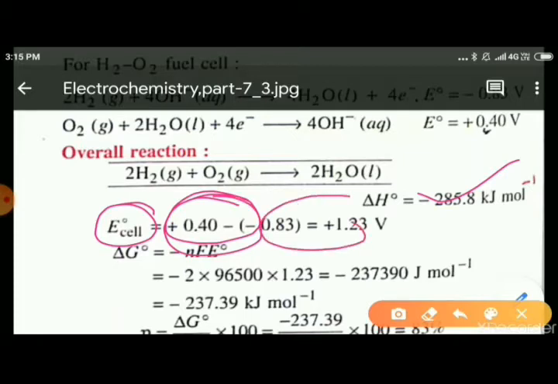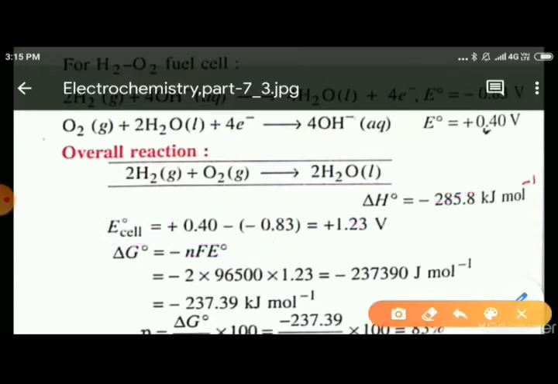So here cathode potential is 0.4 volt and anode potential is minus 0.83 volt, so that will be equal to plus 1.23 volt.